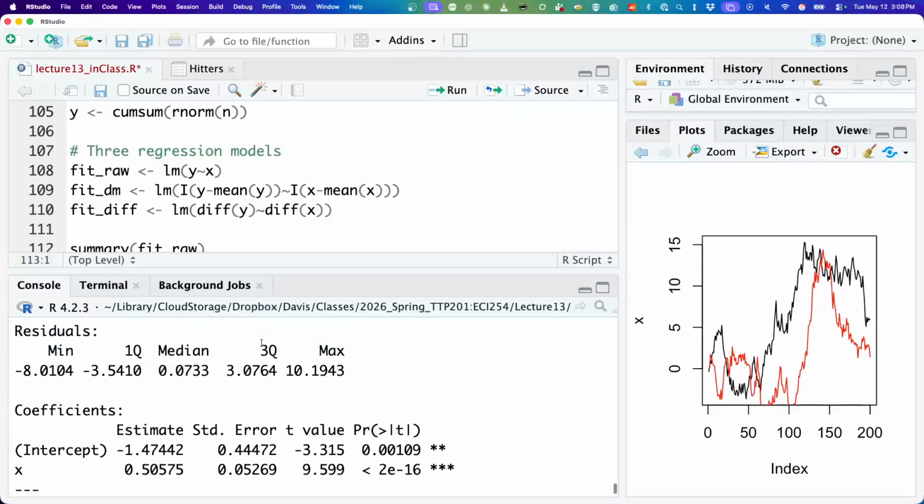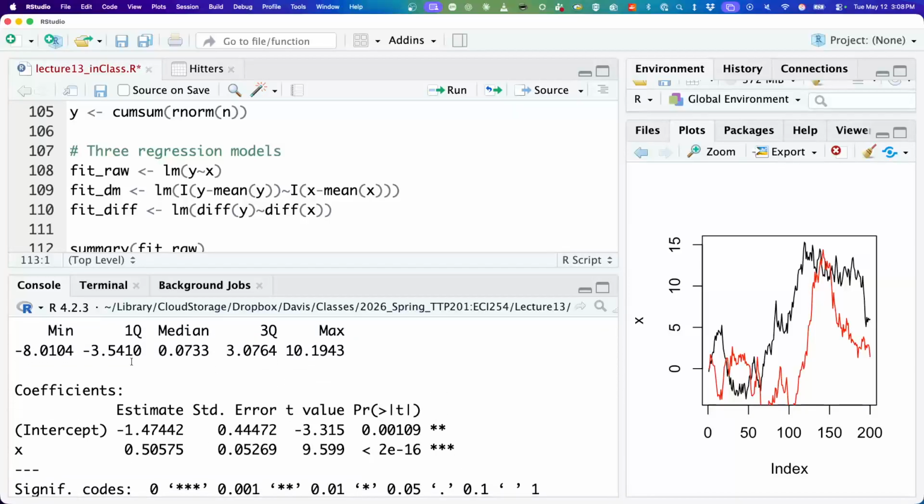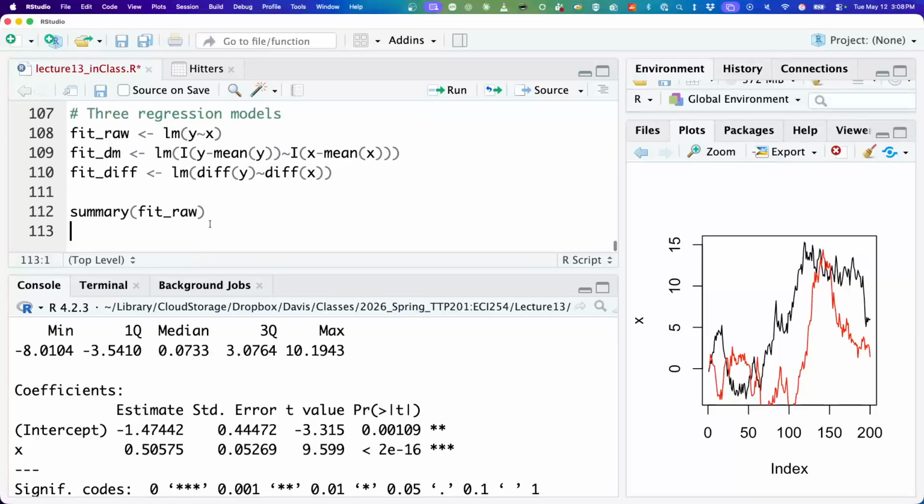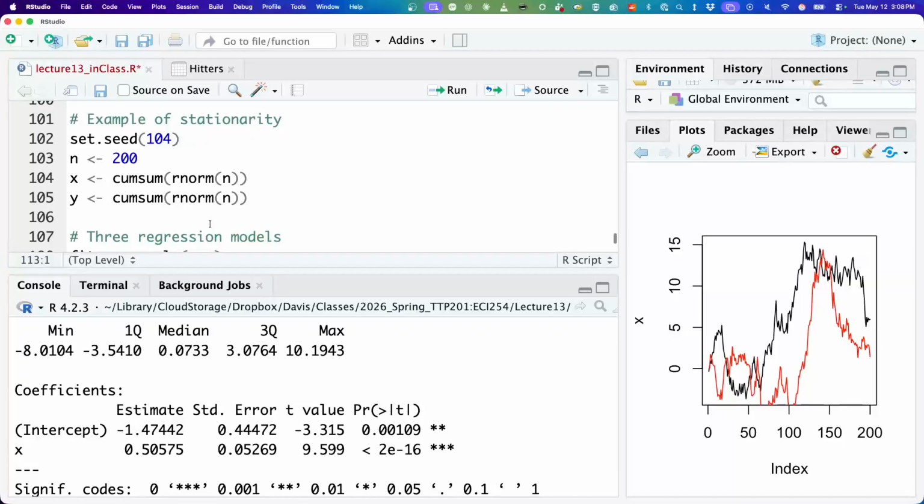So let's take the naive model. We see a really statistically significant effect of x on y. And actually, before I go there, what is the relationship between x and y?